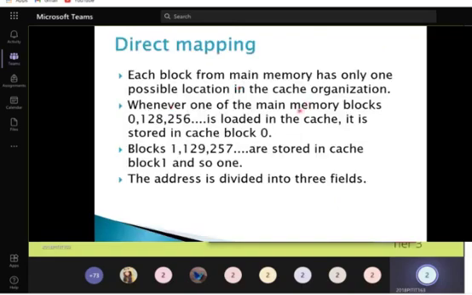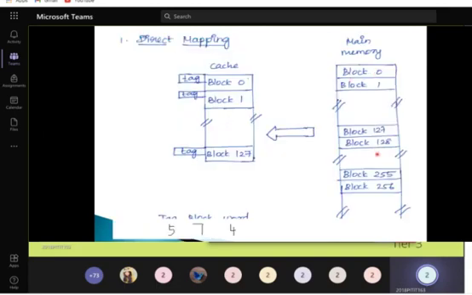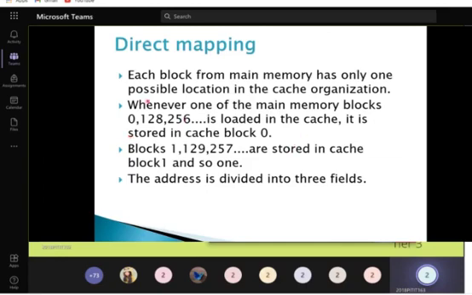That is what they are telling. Main memory blocks go on like 0, 128, 256, and so on in the main memory.